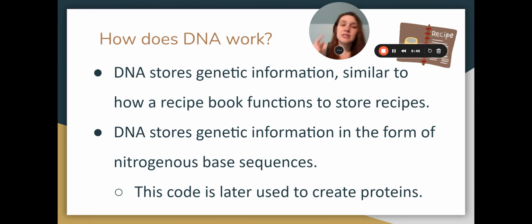You can think of it like a recipe book, or if you're into computer coding, maybe like that, or like a blueprint, an instruction manual for putting something together. DNA has those adenines, thymines, cytosines, and guanines lined up as a code. And then that code is later read and used to produce an organism or proteins in that organism. So it's just storing the instructions for what to actually do.